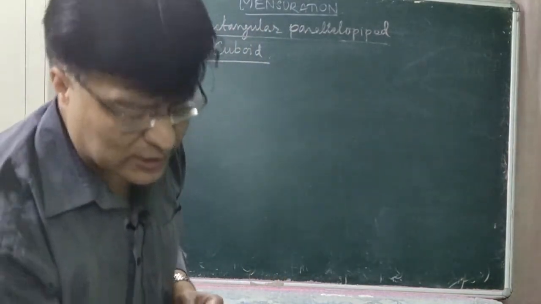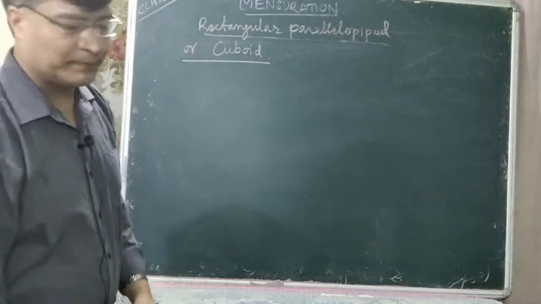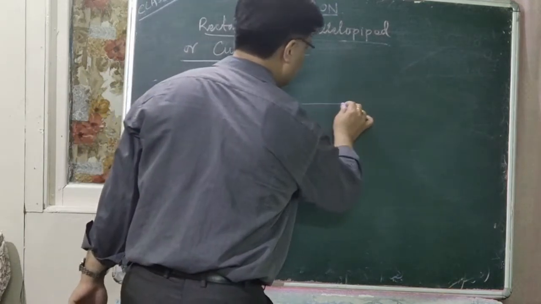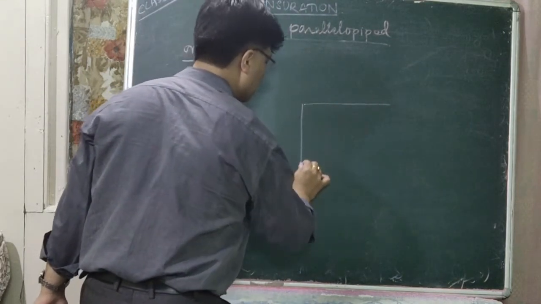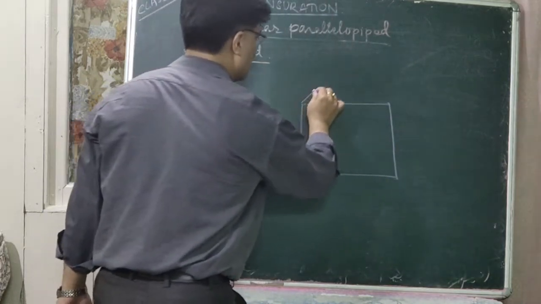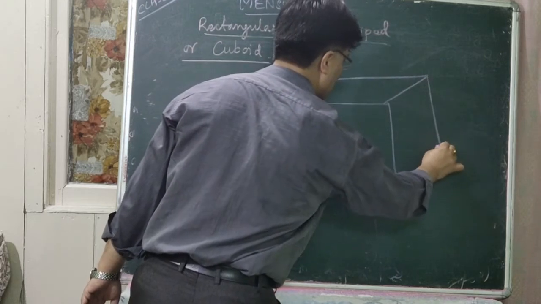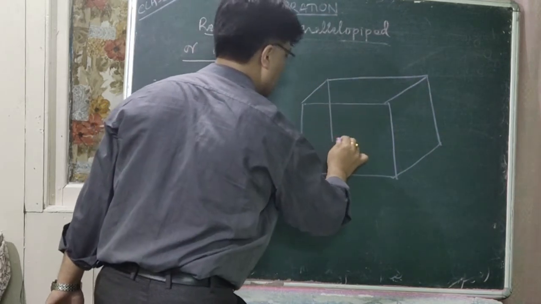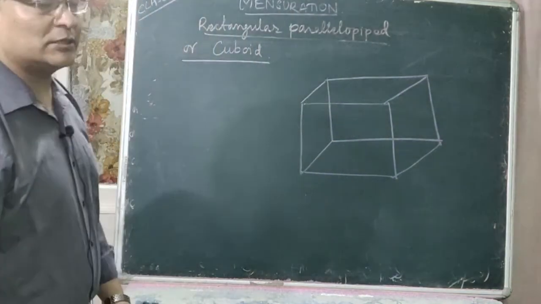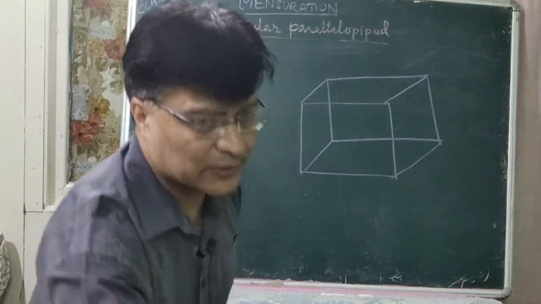So we can draw this rectangular parallelepiped on the blackboard also. Okay, so let us draw a rectangular parallelepiped. So this is a rectangular parallelepiped like this.